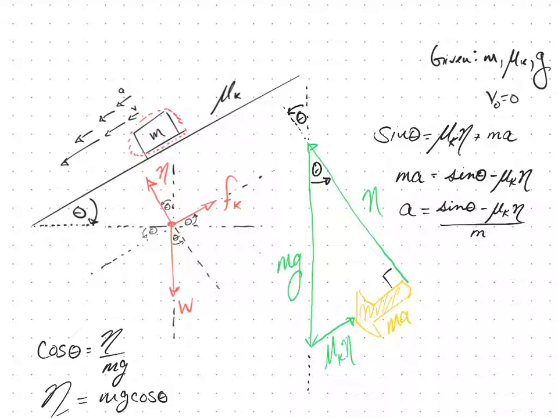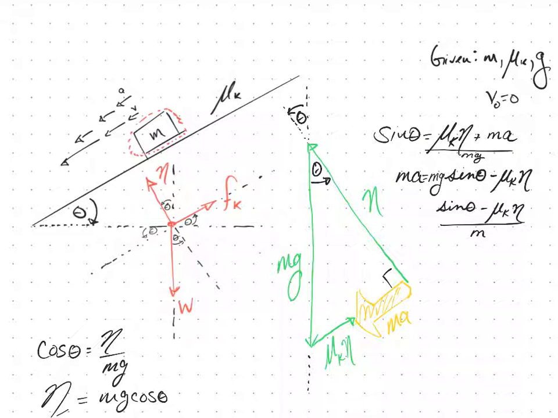Make sure I didn't forget anything here. Did I forget anything? Yes, I totally forgot something. This is all over mg right here. Let me repair this right now. Equals mg sine theta minus mu k normal. Now we're good.